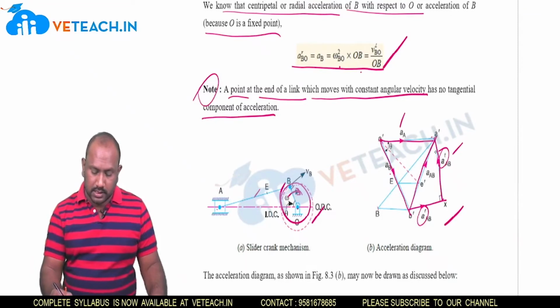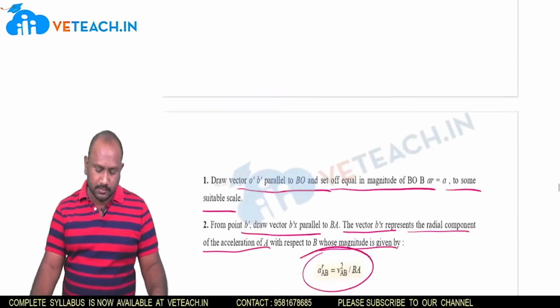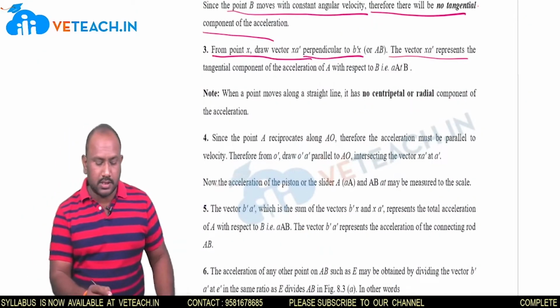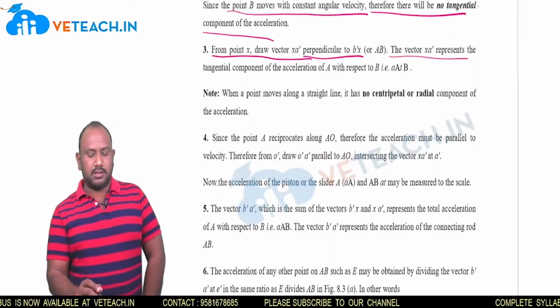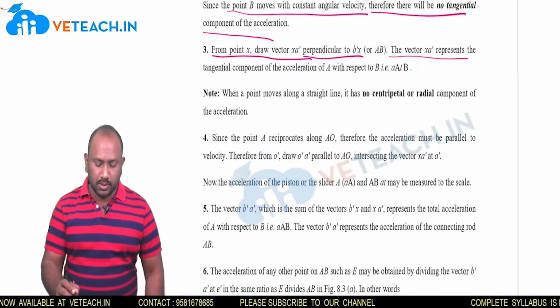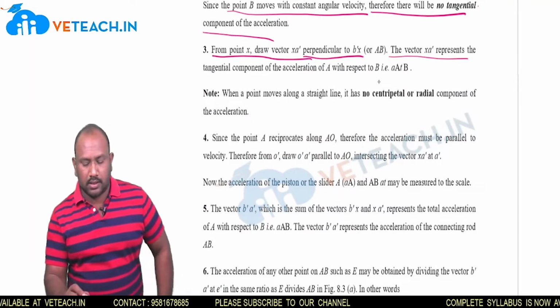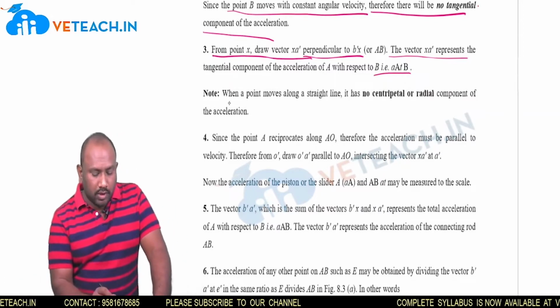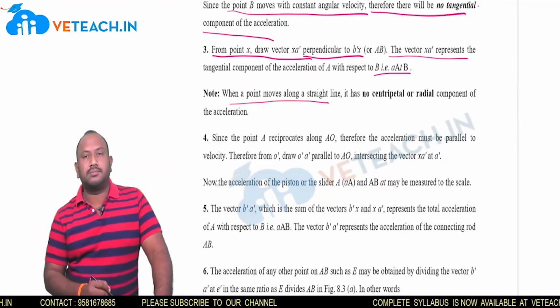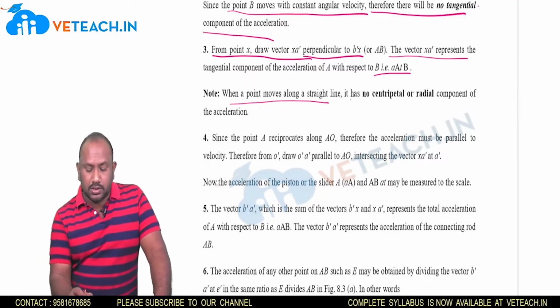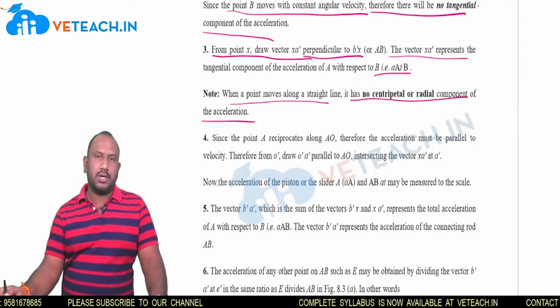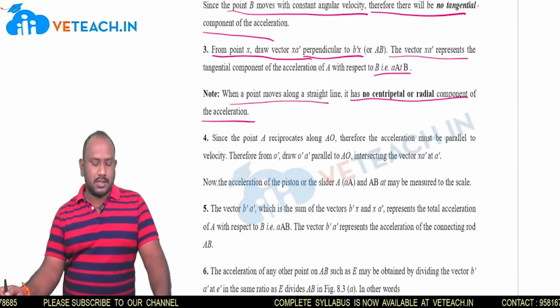See here, this is X A dash and X B dash. The vector X A dash represents the tangential component of the acceleration of A with respect to B, that is a T AB. Note, when a point moves along a straight line, it has no centripetal or radial component of acceleration. This is the point we also need to consider while drawing the acceleration diagram.